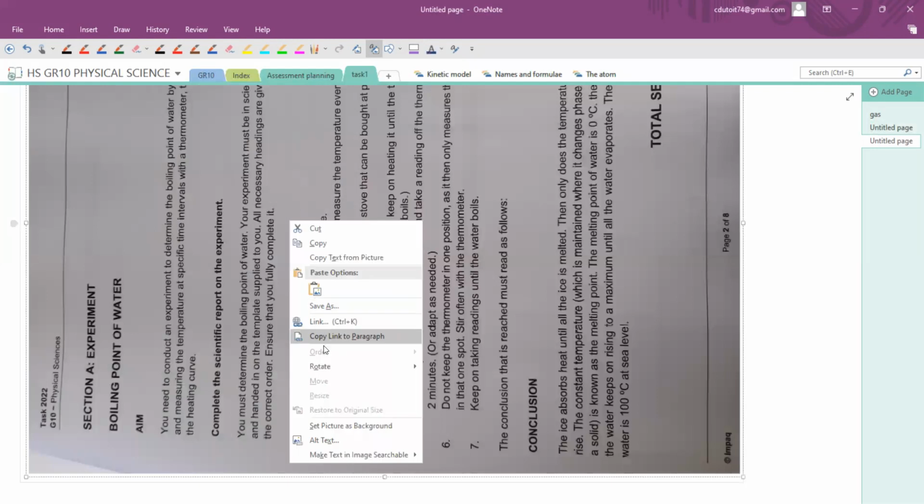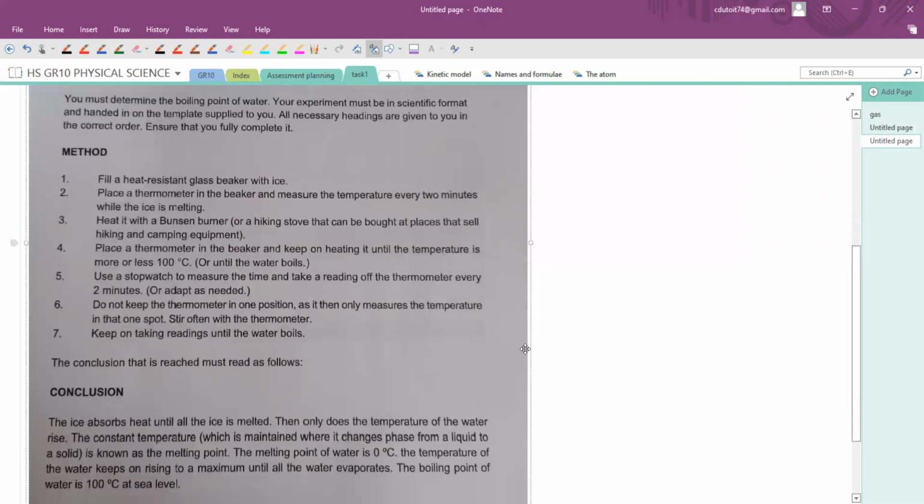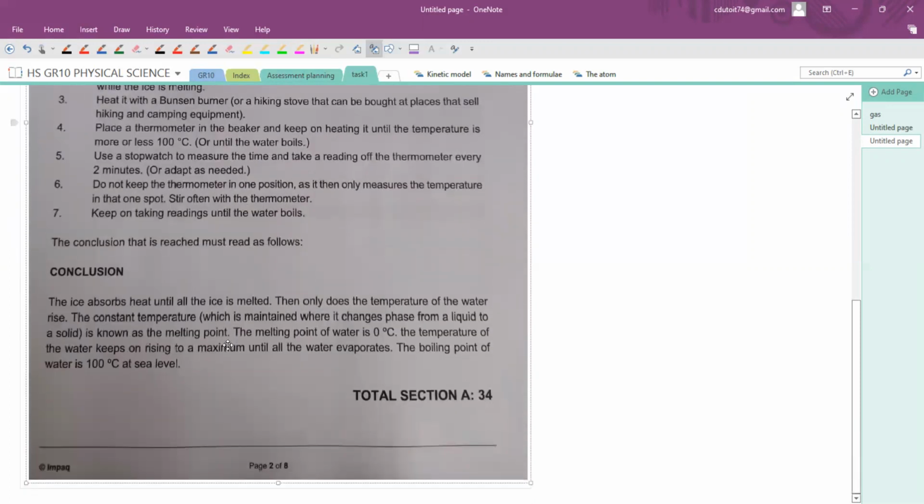So this is the first page, isn't it? Yes, sir. So you have to physically do this: fill a heat-resistant glass beaker with ice, place a thermometer in the beaker, and measure the temperature every 2 minutes while the ice is melting. Heat it with a Bunsen burner or on a stove. Did you actually do this?